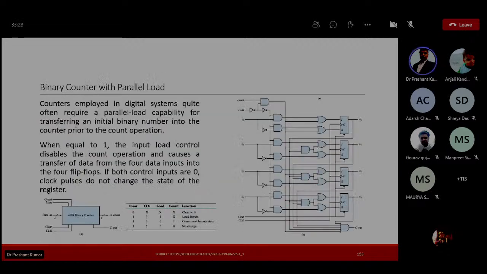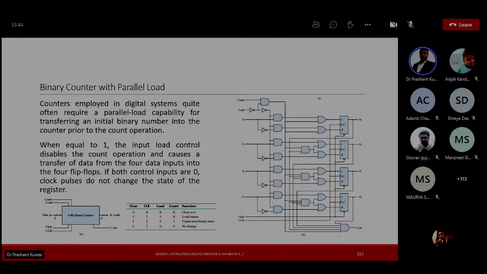BCD counter with parallel load. Counters used in digital systems often require a parallel load capability for transferring an initial binary number into the counter prior to the count operation.